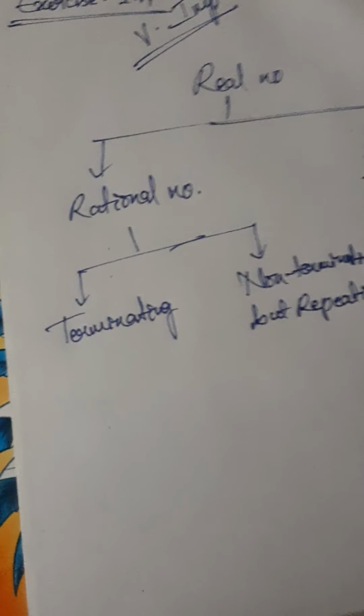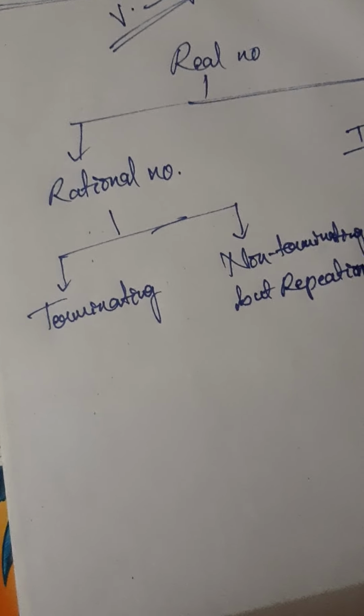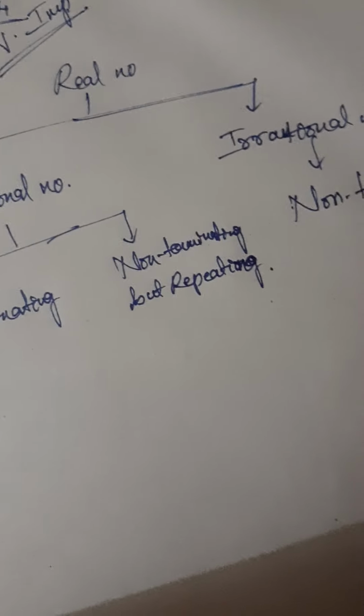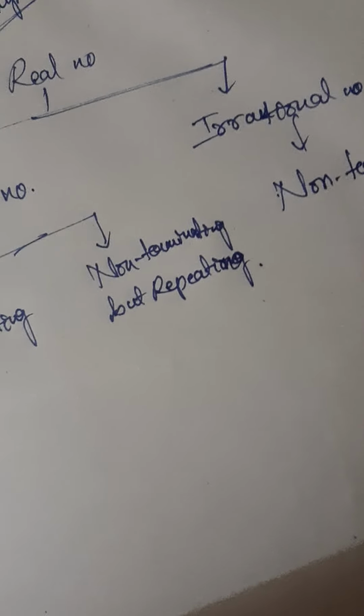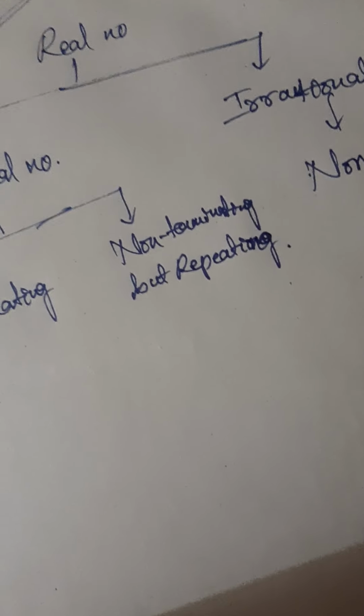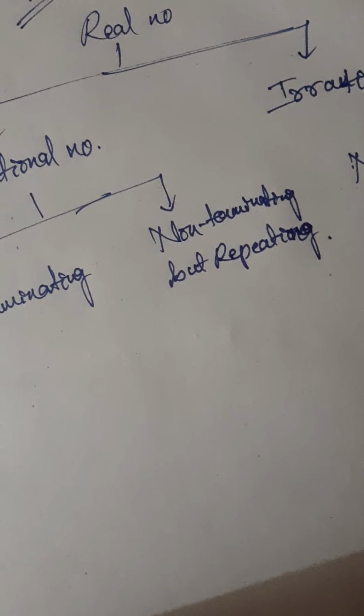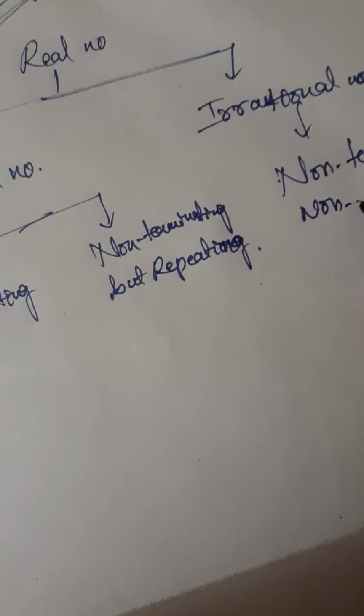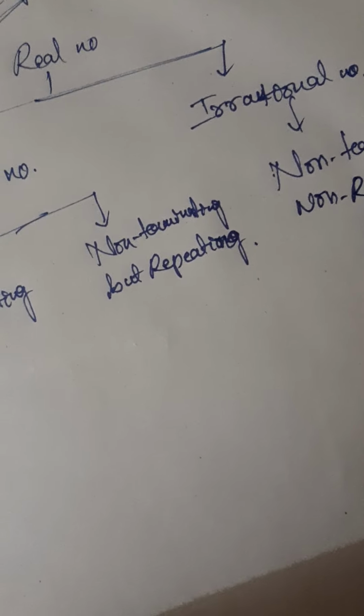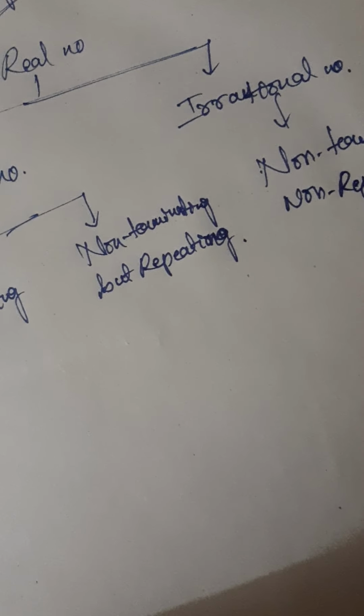In irrational numbers, we have only one type, that is non-terminating, non-repeating. It has no repeats and no terminations.